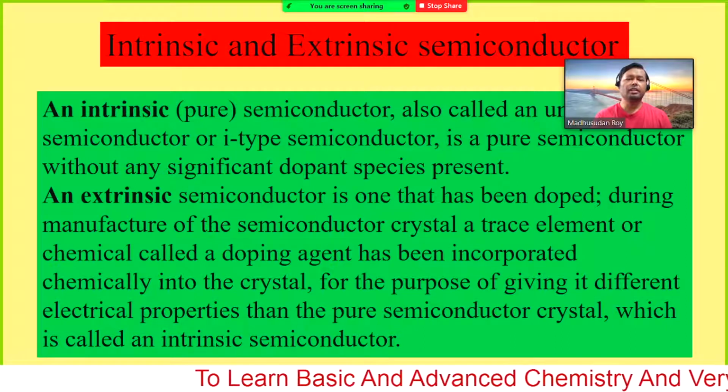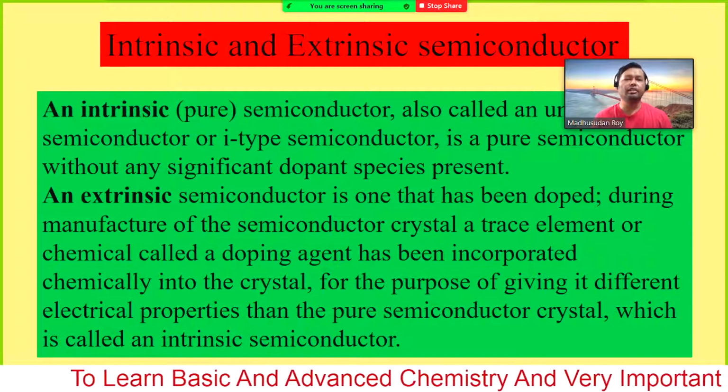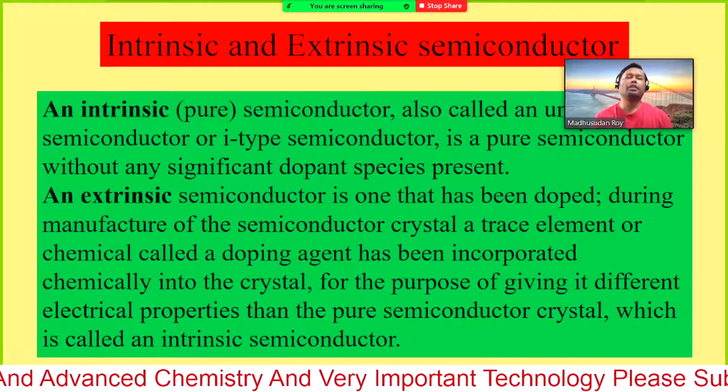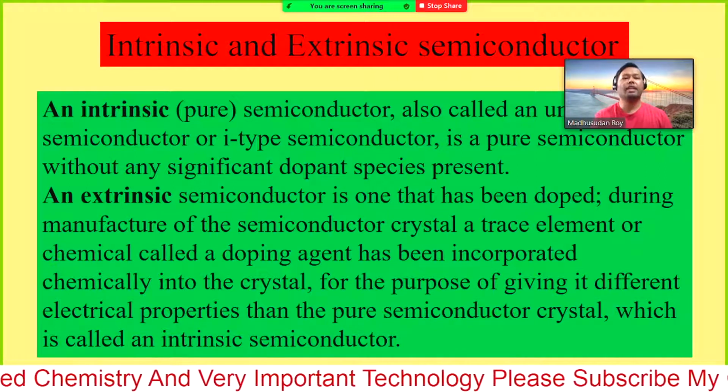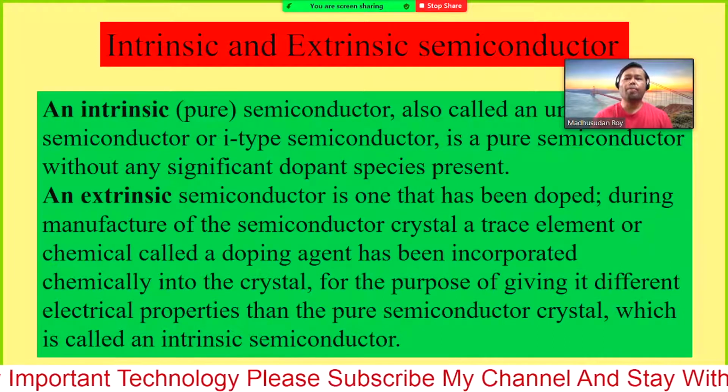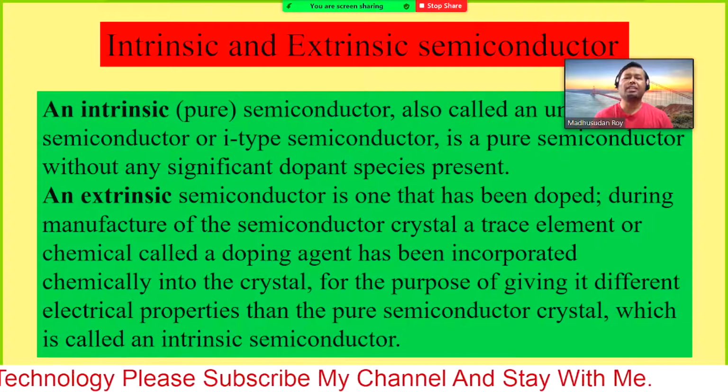If we add an atom with 3 valence electrons by replacing one atom of the pure semiconducting material, which can be silicon or germanium, then we have one extra hole.